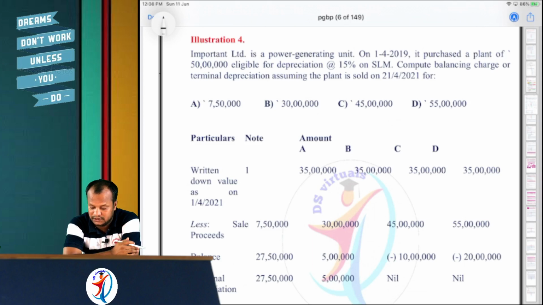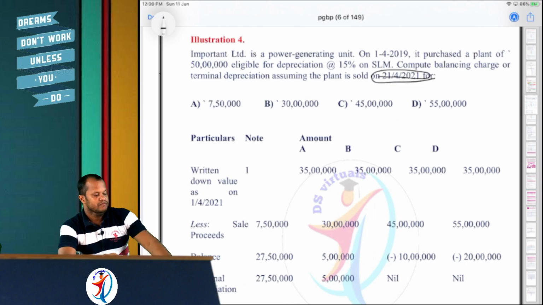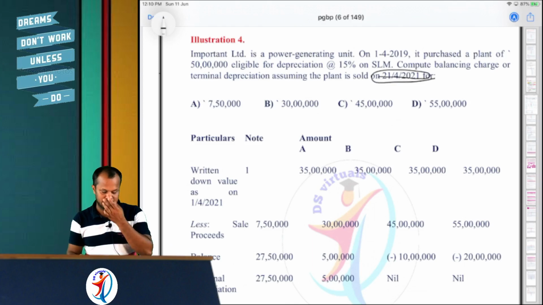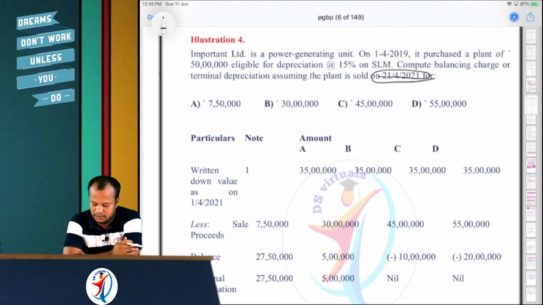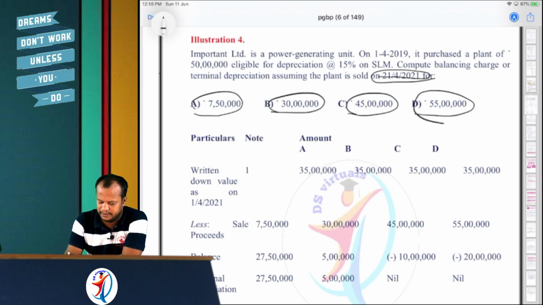Compute balancing charges or terminal depreciation, assuming the plant is sold on 21st April 2021. Sale price 7 lakh 50, 30 lakh, 40 lakh, 55 lakh. Original cost is 50 lakh. Yes or no? Yes.